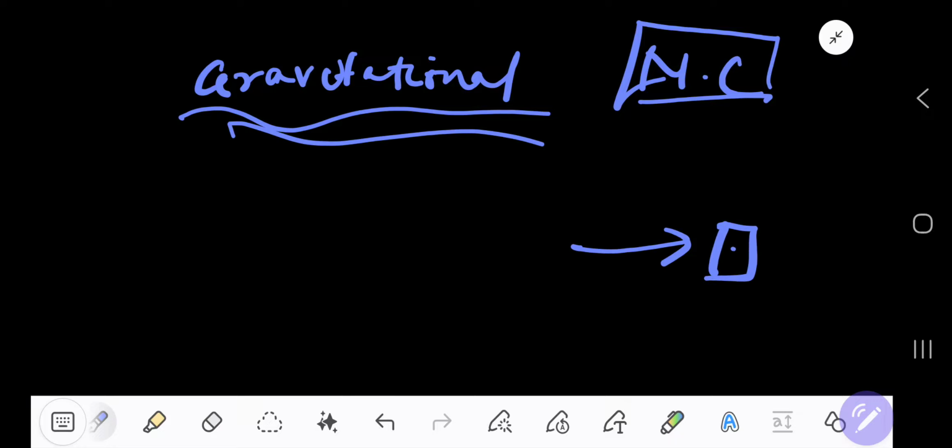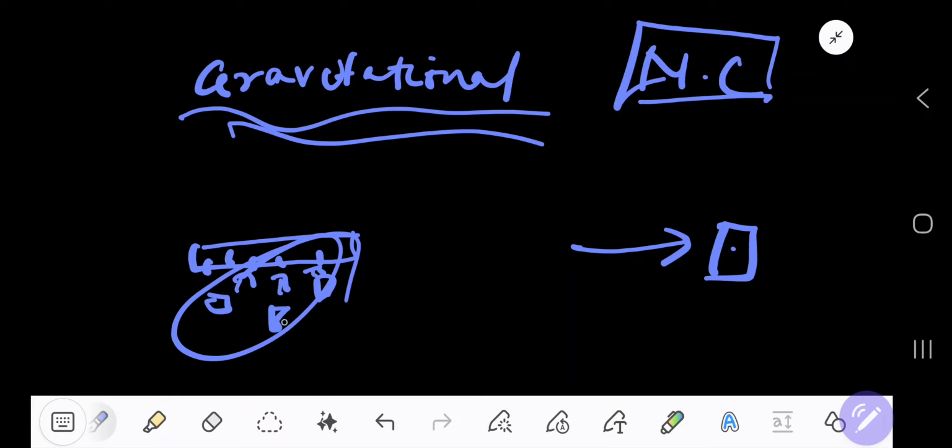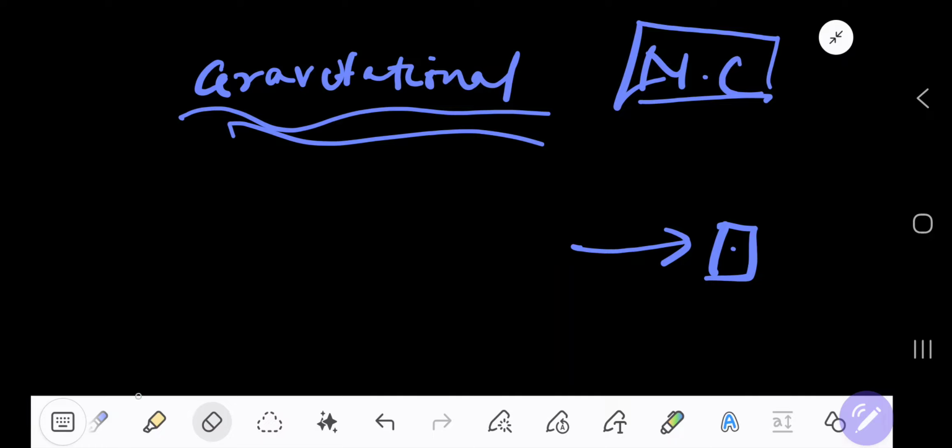There is electrostatic force, which you can see by a common experiment of rubbing a comb on your hair and then putting it above bits of paper, and they will get attracted towards the comb. That's an example of electrostatic force.